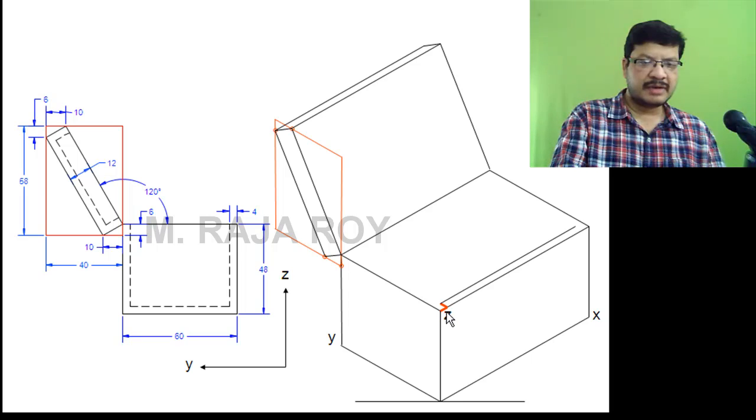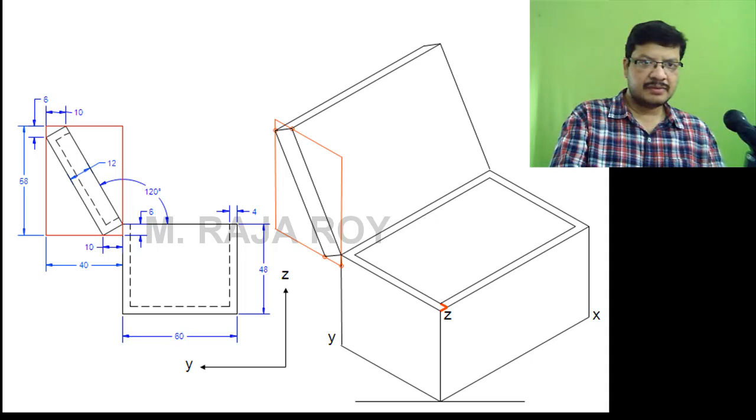Already you traveled 4 mm distance, and here you are leaving 4 mm distance. So total 8 mm distance you have to subtract from 90, so this line length will be 82. Similarly, you have to draw one more line here. This line length will be 52. Draw the line parallel to x-axis and parallel to y-axis.